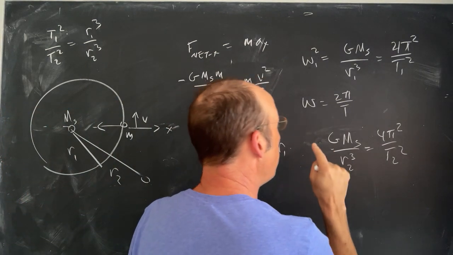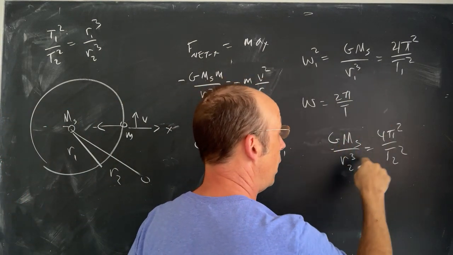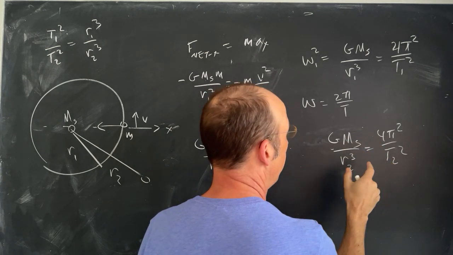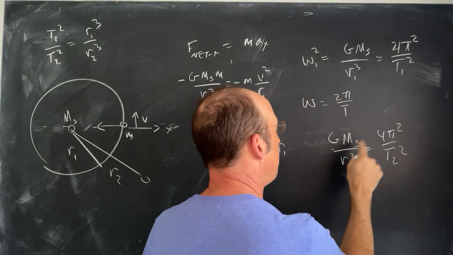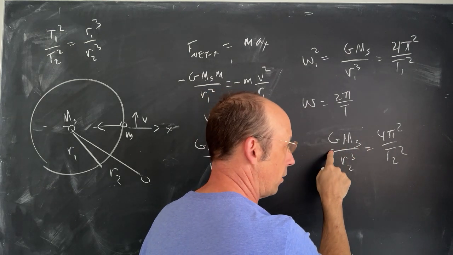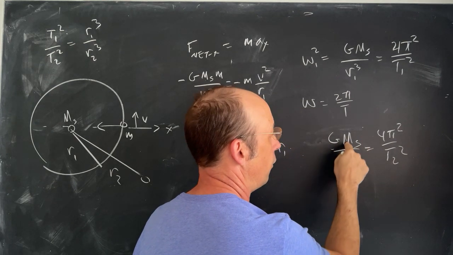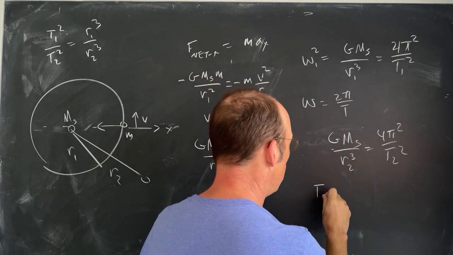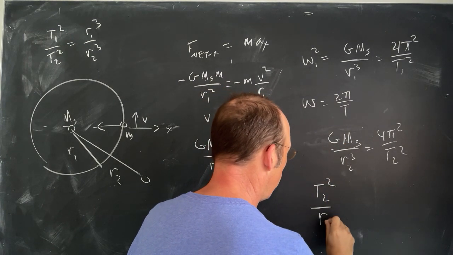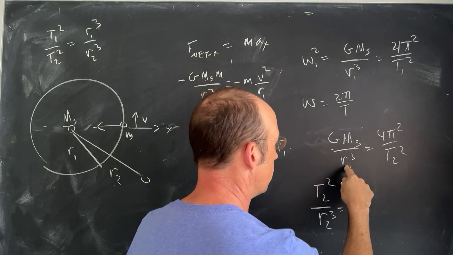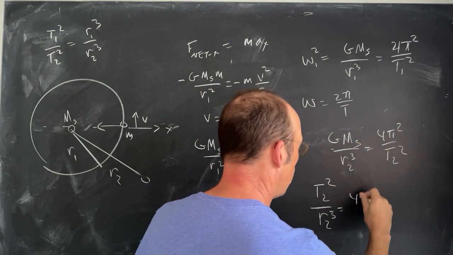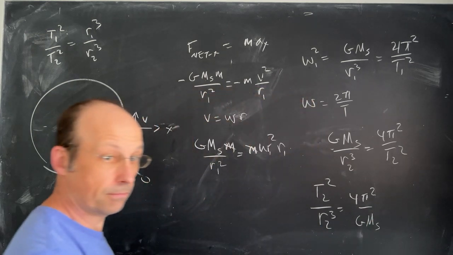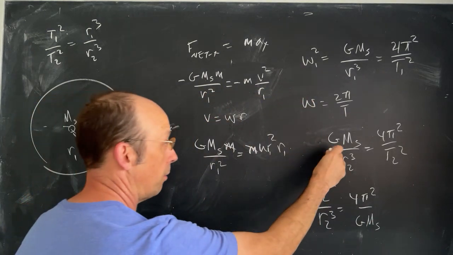Okay. So now for both of these equations, I'm going to multiply this by T2 squared, and I'm going to divide by that. So I get T2 squared over r2 cubed equals 4 pi squared over G Ms. Right, that just comes straight from here.